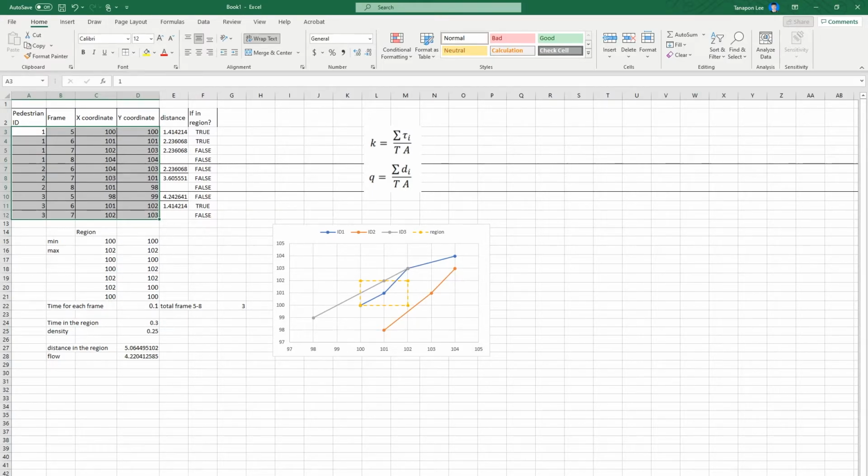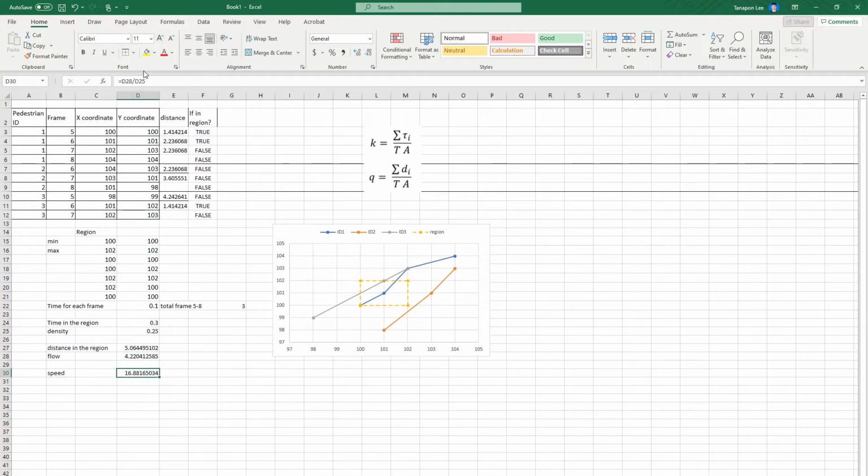So we know the density, we know the flow, then we can calculate the speed. From the fundamental relationship, speed is flow divided by density.